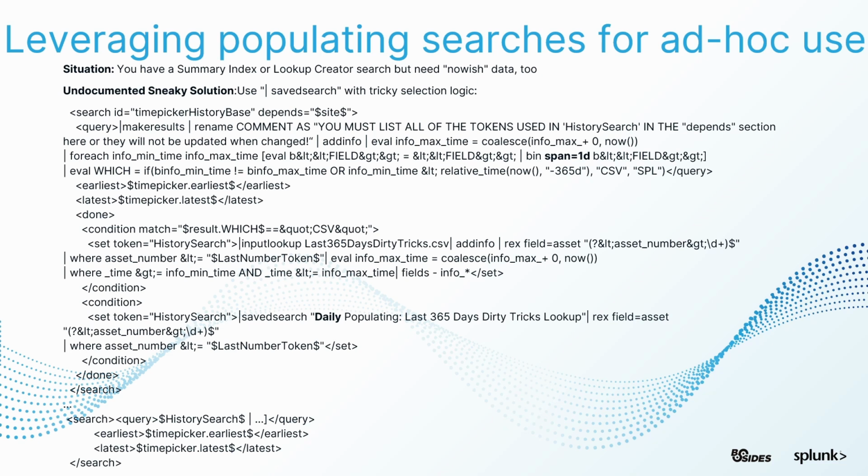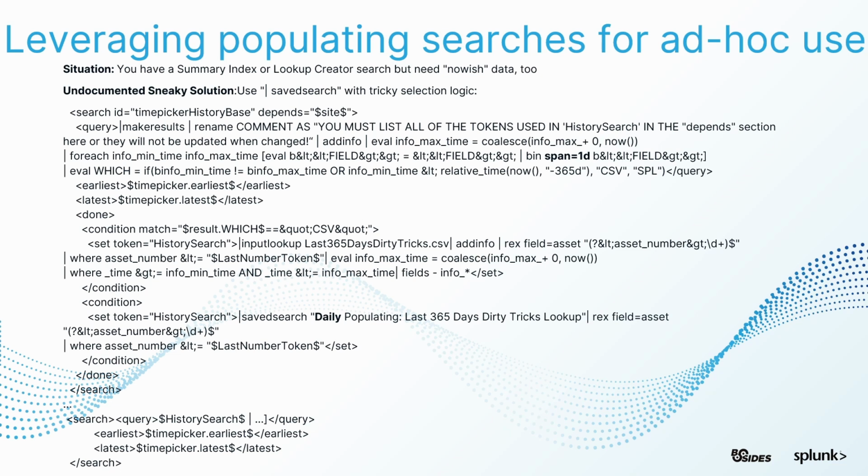But with this sneaky solution, you're actually able to automatically load the search logic from that lookup creator search, take that code after loading that job in, and run that ad hoc search off of that exact logic. And similar, like we've been saying, a lot of these hints have been saving you time and from pain of having fragmented code.